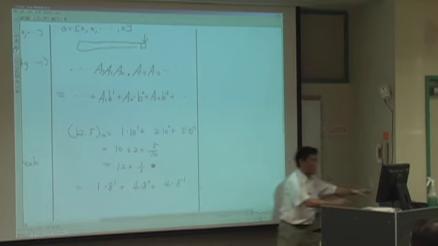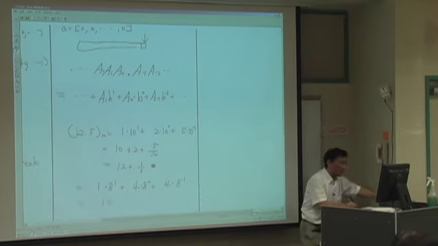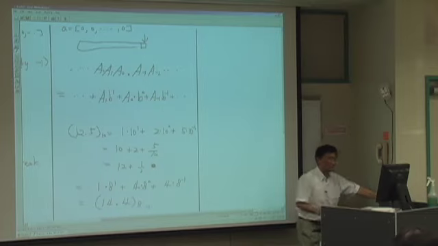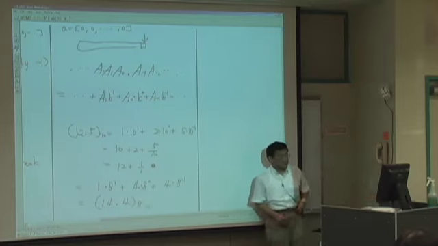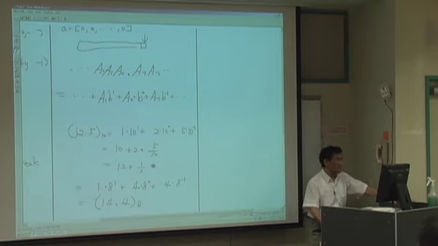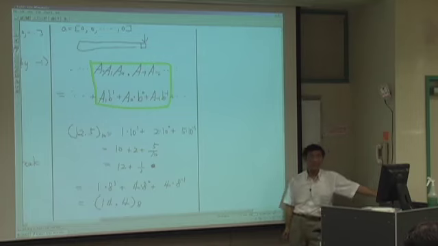Because of this reason, we can write it this way: 14.4 with base 8. So the most important thing is this definition. This definition is the most important thing. Any questions?